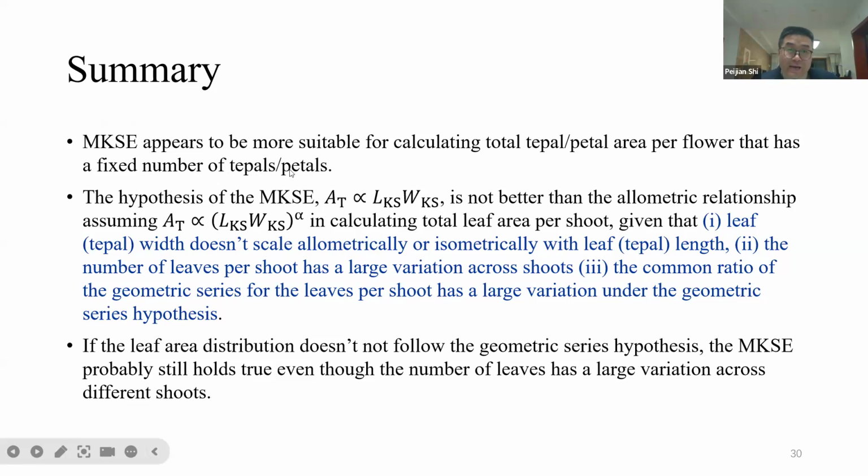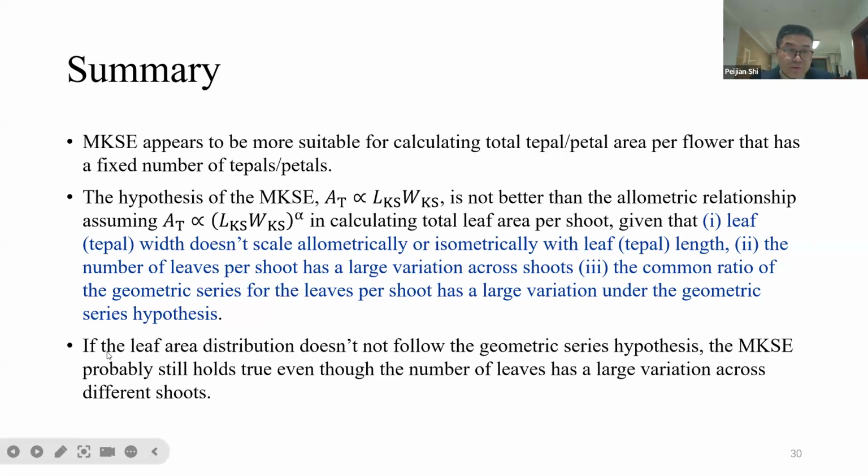The hypothesis of MKSE, that the total leaf area per shoot is proportional to the product of LKS and WKS, is not better than the allometric relationship, assuming there is an allometric relationship between the two variables, in calculating total leaf area per shoot, given the three conditions: first, leaf width doesn't scale allometrically or isometrically with the leaf length; second, the number of leaves per shoot has a large variation across shoots; and third, the common ratio of the geometric series for the leaves per shoot has a large variation under the GS hypothesis.